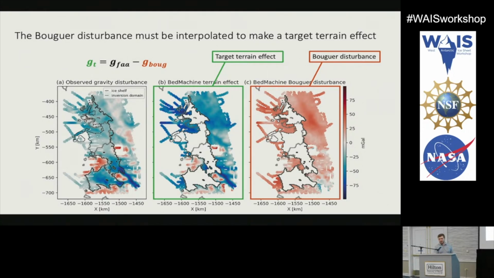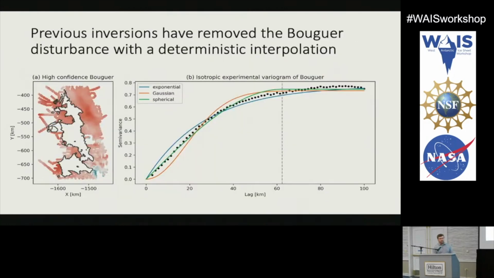You get one target terrain effect, and you get one inversion result. And in my opinion, that's inadequate. So the approach that we're taking instead is we're going to use geostatistics in order to simulate different versions of what the subglacial geology could look like based on the data that we know from the Bouguer disturbance where the bed is well constrained.